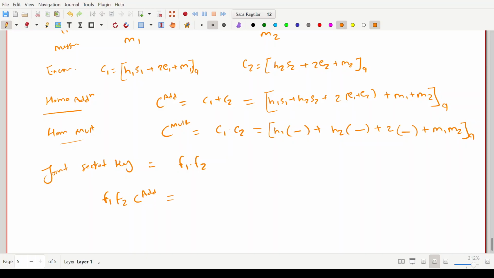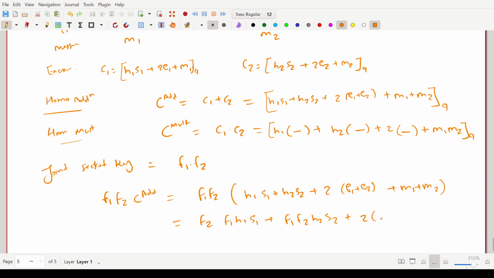I'll write it for you: F1 F2, and C add is H1 S1 plus H2 S2 plus 2 times E1 plus E2 plus M1 plus M2. You just multiply the first term; for the first term I am keeping F2 here and writing F1 H1 S1, plus for the second term F1 F2 H2 S2, and the other things remain as they are.